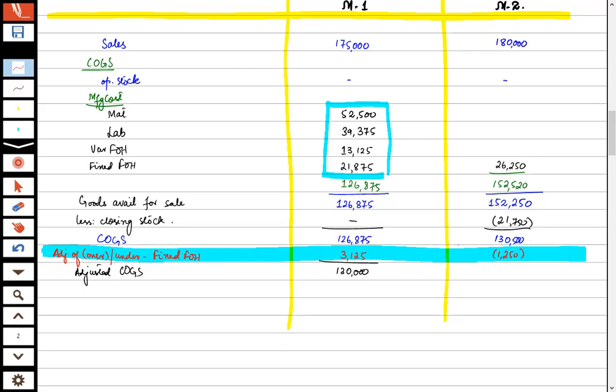So our cost of goods sold would be adjusted towards the lower side, and hence our profit will be increased. That is, it would be 129,250. Now this adjusted cost of goods sold will be subtracted from the sales.